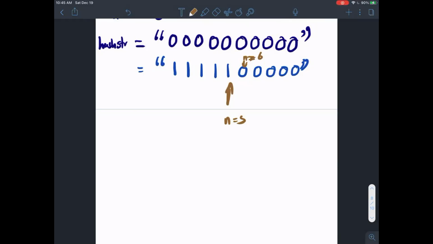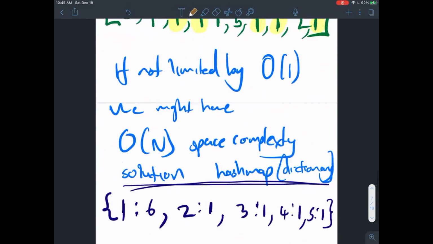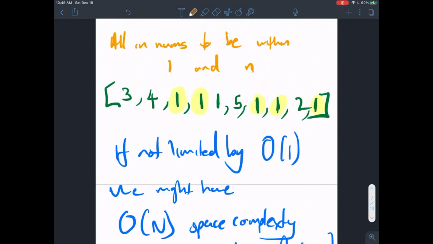You go through the cleaned array and check, for example, when you have 3 like this.